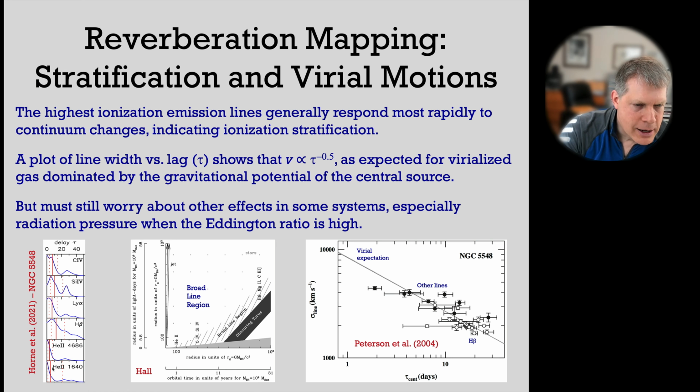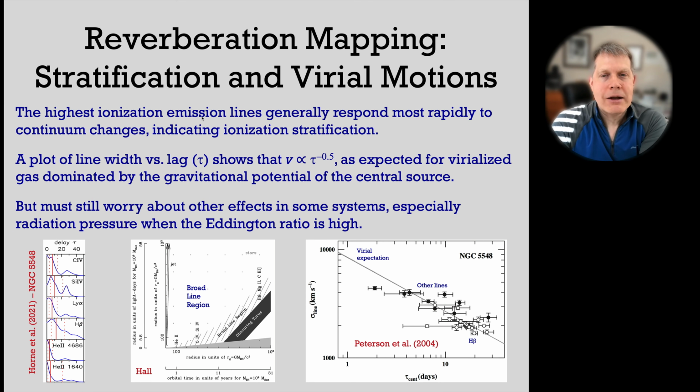And then these red vertical lines show the median size for the overall distribution. Helium-2 has a very small size because it's a very high ionization line. Carbon-4, somewhat lower ionization, is somewhat larger. H-beta, lower ionization still, is larger still. And so that's this ionization stratification that I'm referring to.